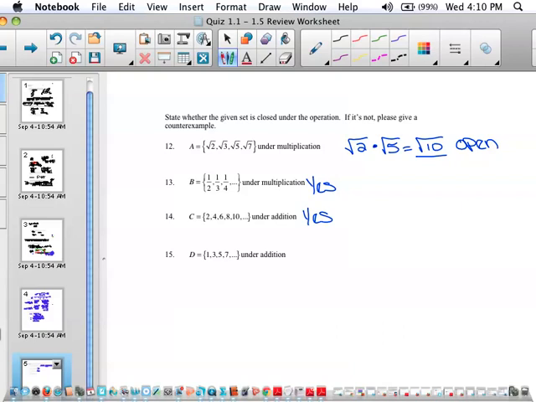So if we take any 2 elements, 1 plus 3 gives me 4. 4 is not in my set, so therefore, this again is an open set. The property of closure is not true.